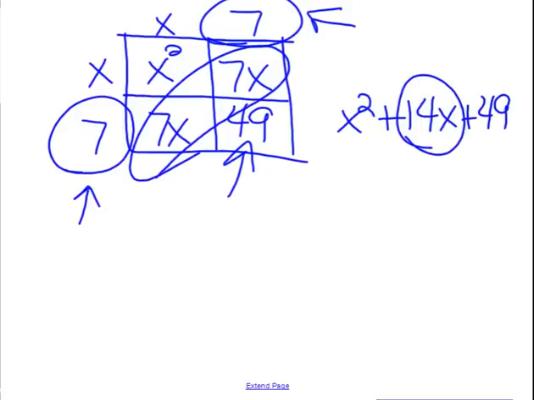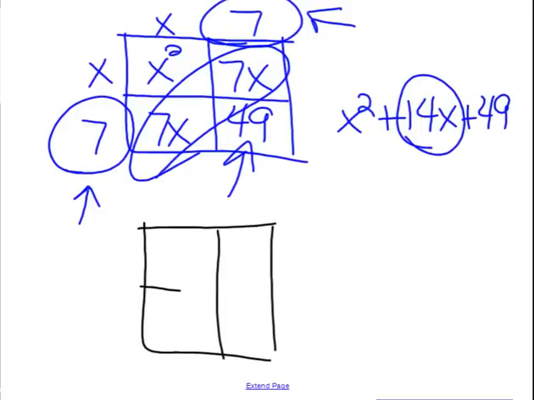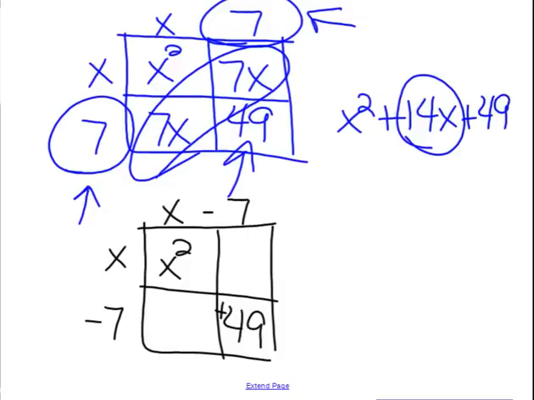I want you to take a look though. What would happen? I have x squared and I've got 49. I need two numbers that will multiply to get 49. It's positive 49. Well, you know that if you multiply negative 7 times negative 7, you get a positive 49. So, negative 7x, x squared minus 14x plus 49.